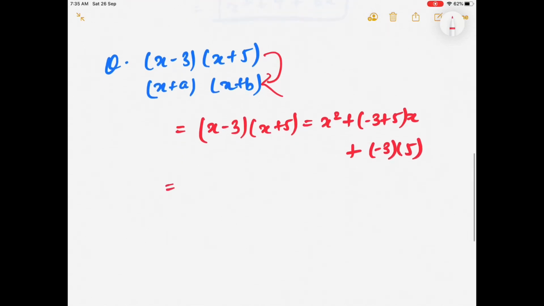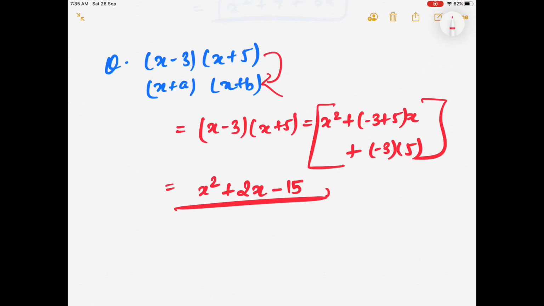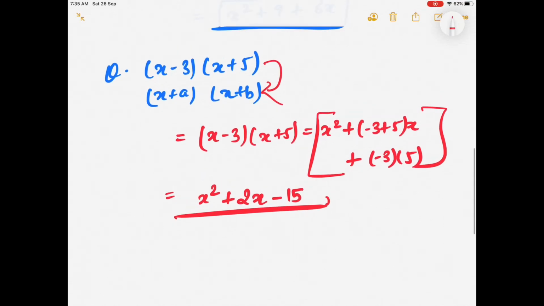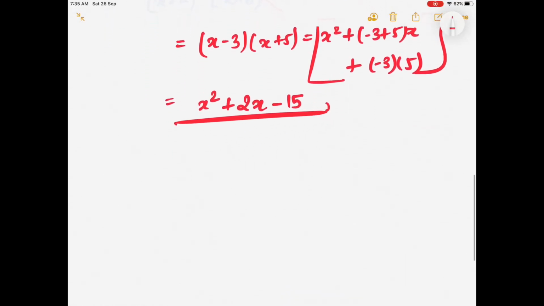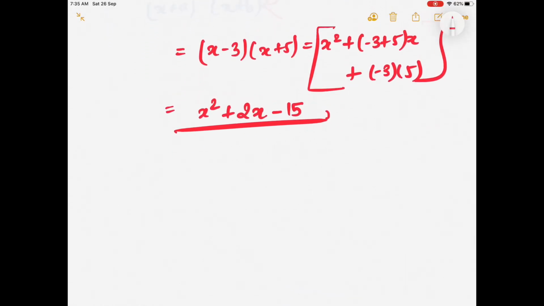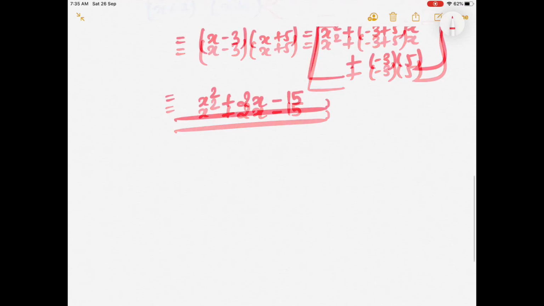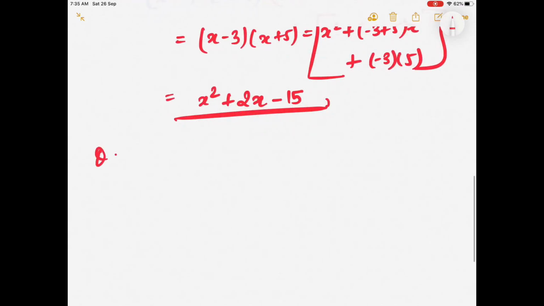Now when we solve this complete equation, we have x square plus 2x minus 15. This will be our answer. So you can see that identities make our calculation easier, otherwise it will be lengthier and it will take time to solve a proper question. Now let's take another example.